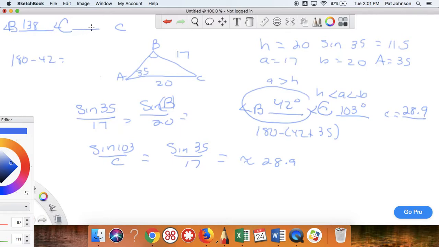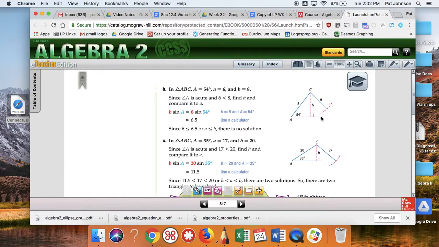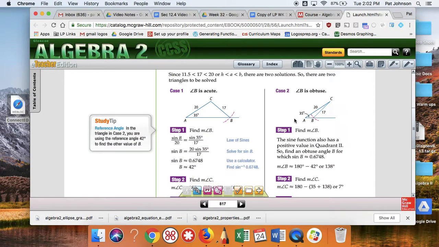Then we can find angle C: 180 minus 138 plus 35. When we do this math, we get C is 7 degrees, a tiny little angle. If you look at the picture in the book, here's the second case, the obtuse case.